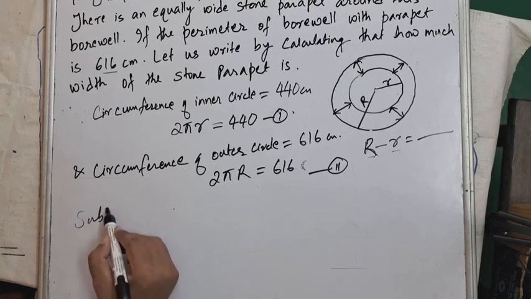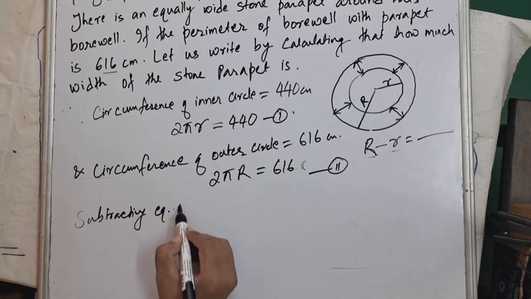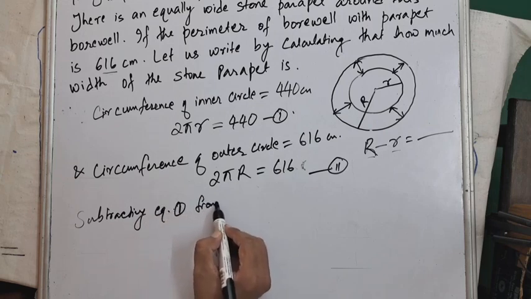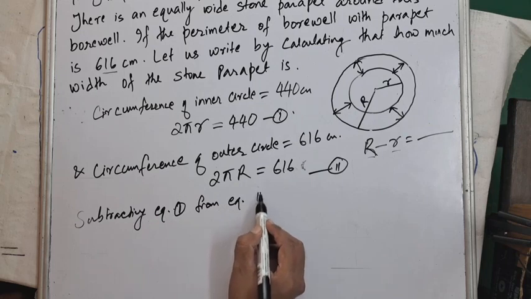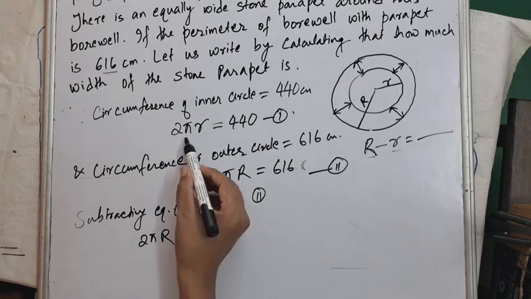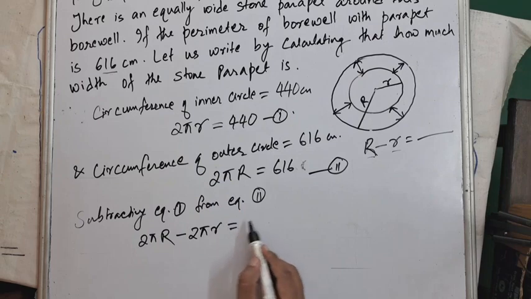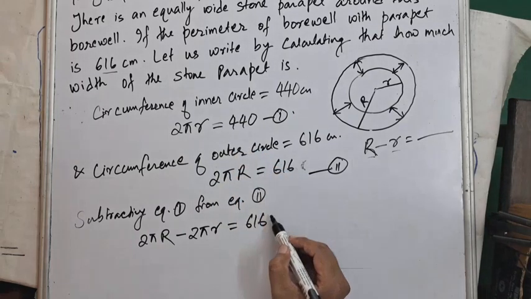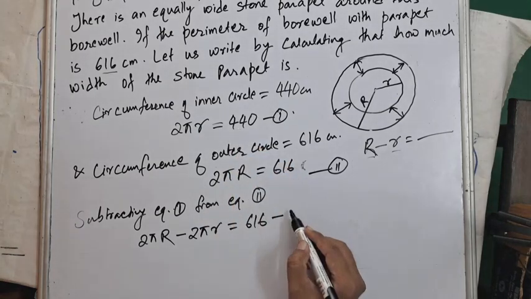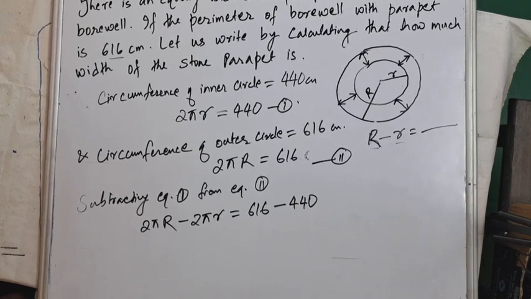In equation 2 we have 2 pi capital R minus the left hand side of equation 1, 2 pi small r. The right hand side of equation 2 is 616 minus the right hand side of equation 1, 440. We are subtracting equation 1 from equation 2.